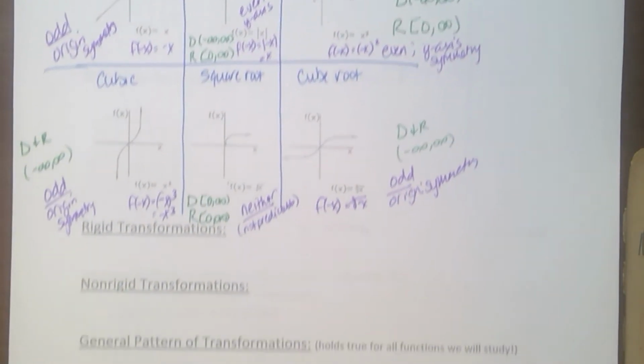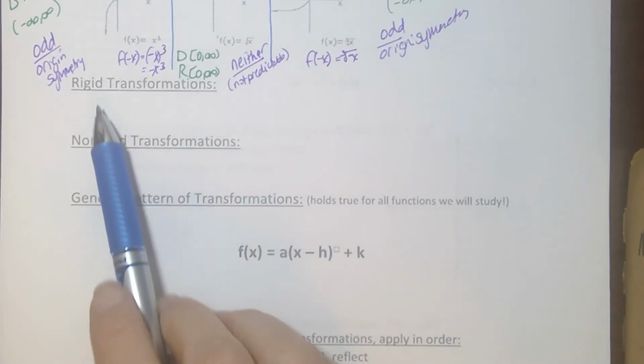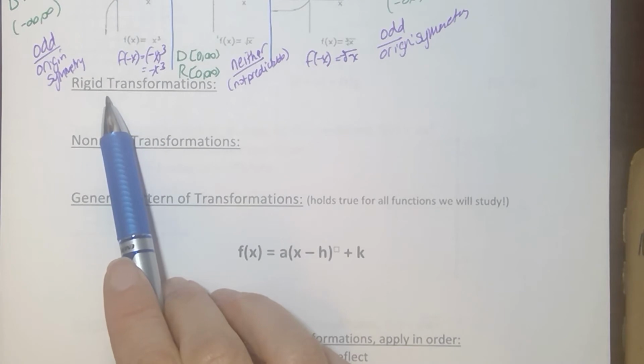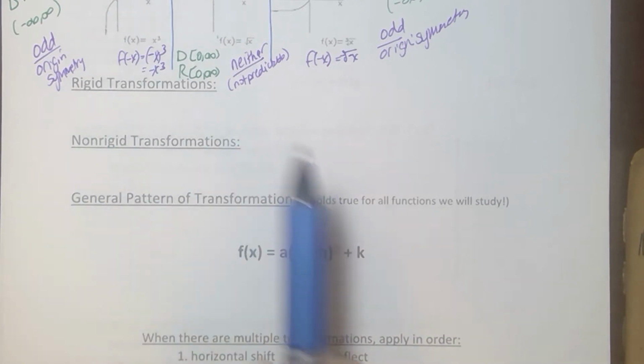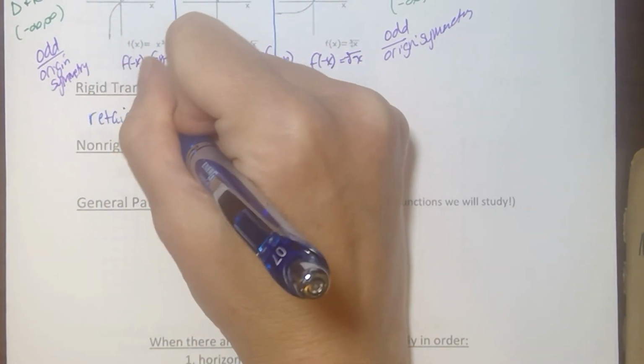Okay, types of transformations. When I do a transformation on a function, that means I'm taking it and I am shifting it left, right, up, down, and or I am stretching it. I have these transformations fall under two main categories of rigid or non-rigid. It's a rigid transformation if it retains the shape of the parent function.